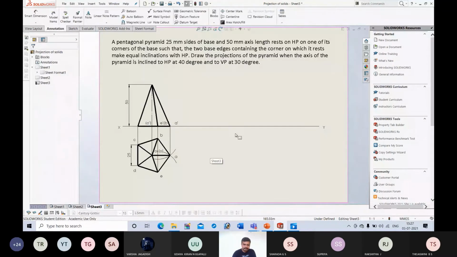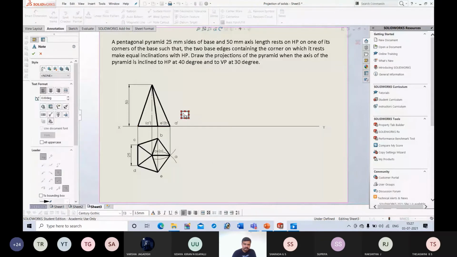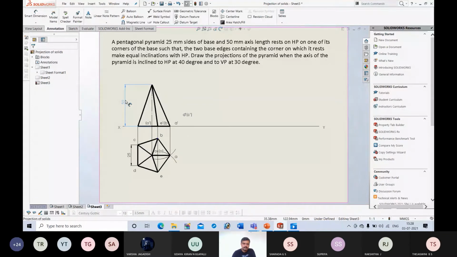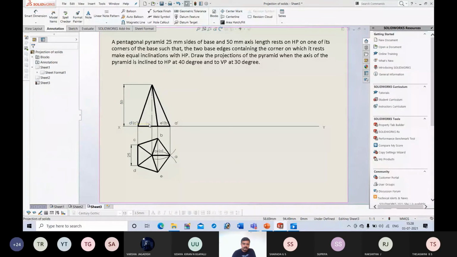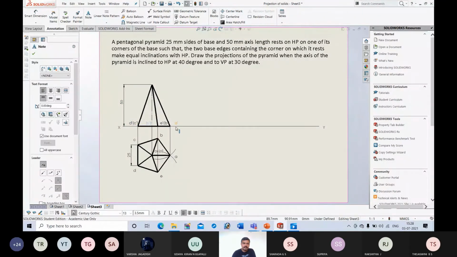Okay, next. D dash is visible, whereas C dash invisible. Okay. Next, I will name the apex. So it is O1 dash.